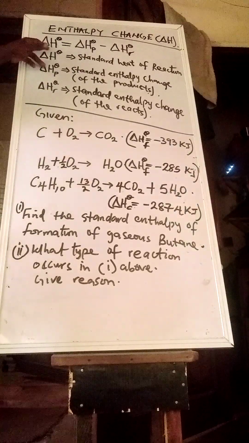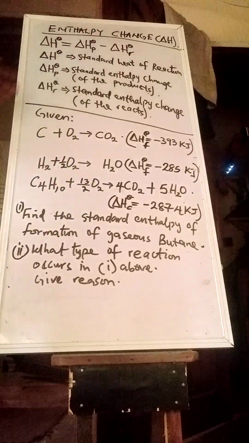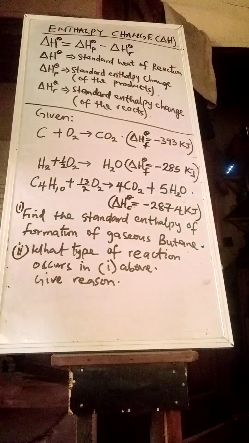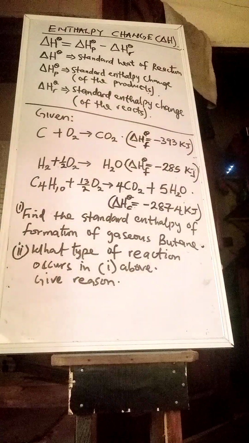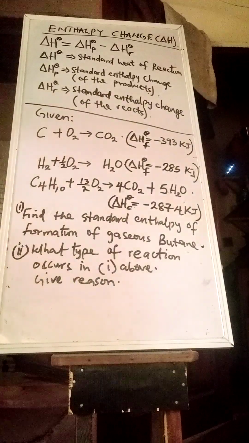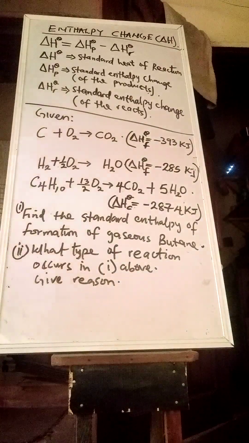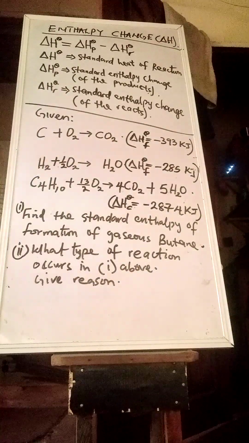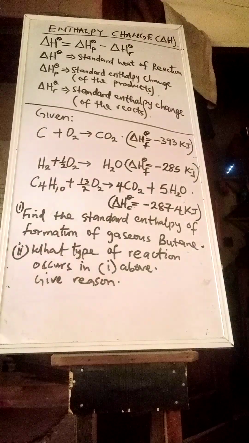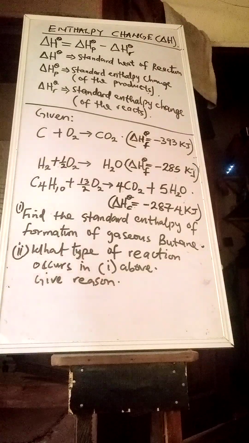Therefore, every enthalpy change here is in standard. Another point you need to know to understand this topic is that standard enthalpy change is always per mole of the substance. 1 mole of that substance is always involved in standard enthalpy change.